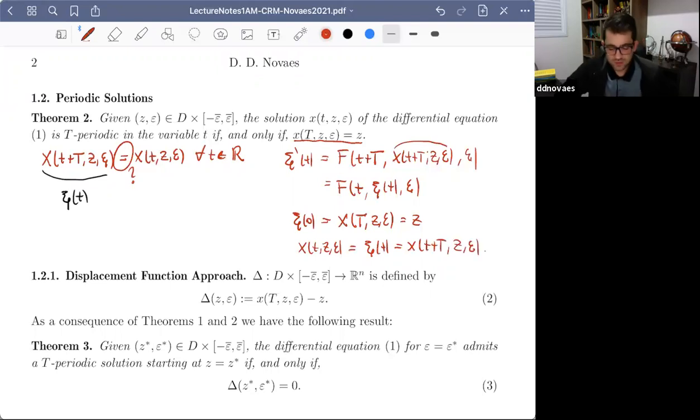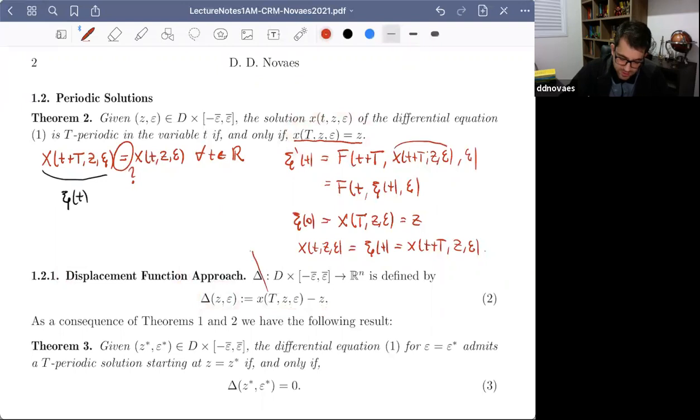This theorem, this characterization of periodic solutions of periodic differential equations, provides a first approach to investigate periodic solutions. I'm calling this approach the displacement function approach. This relationship allows me to introduce the displacement function. It's just the time T map minus the identity.